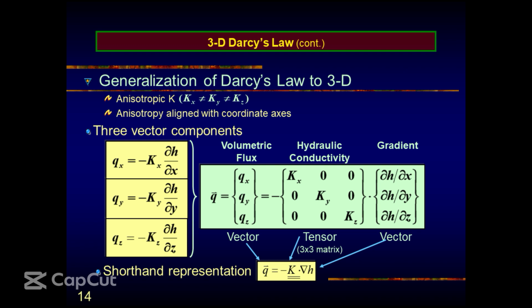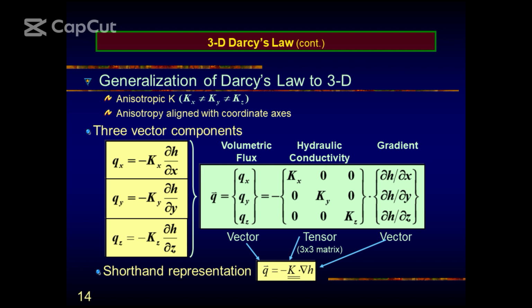You will just have kxx, kyy, and kzz, and any other term will become 0. Then your matrix is simplified, because you may need to perform some operations with a vector.